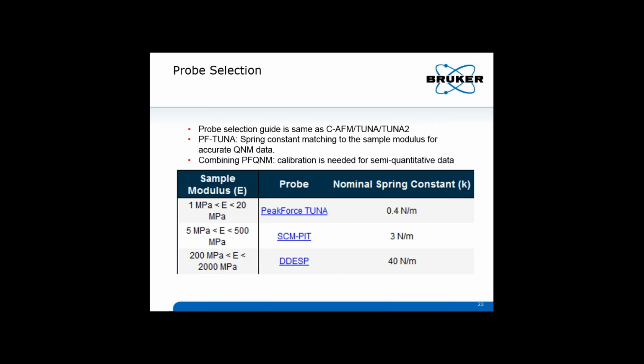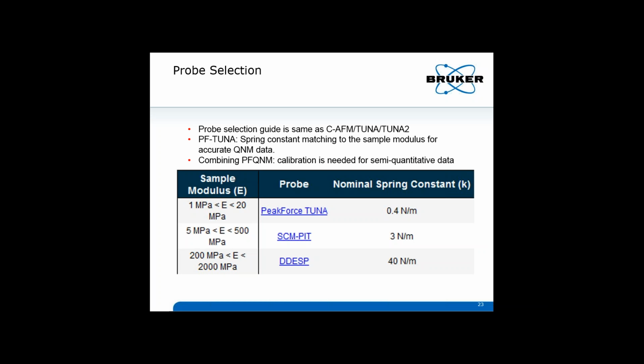Probe selection. The probe selection guide is similar to before for all the previously mentioned old modules. Whatever probe is working well for your old module on your sample can be used for the PeakForce tuner module. However, if you want to get sample modulus data accurately or the PeakForce QNM data, you will need to pay attention to the spring constant and make sure that the spring constant is suitable for the sample modulus range.